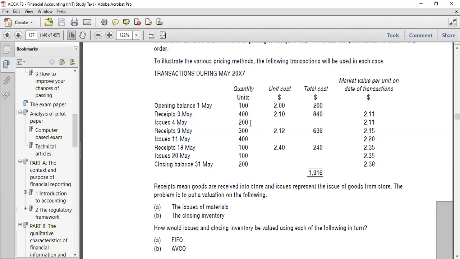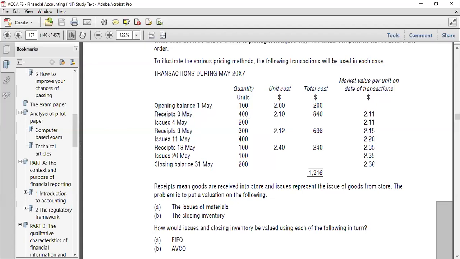So when we issue under FIFO, this 200 will first consider the 100 we started with, and then the next 100 will be taken off the 400.